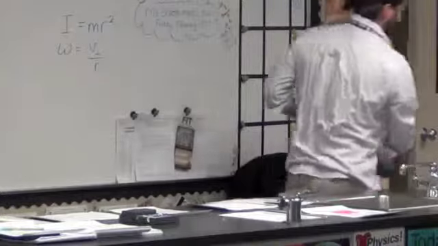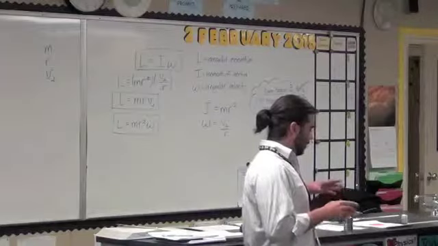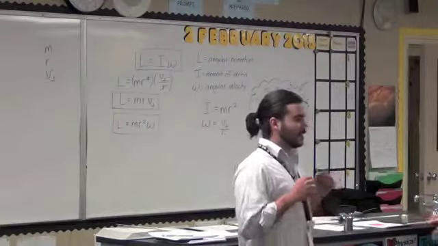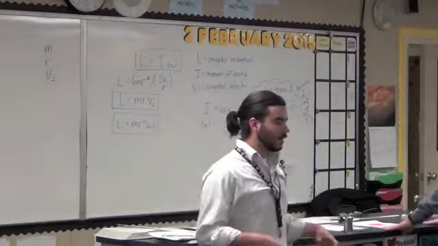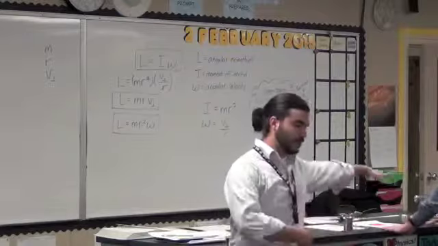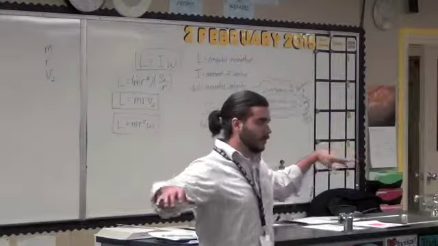I've got a couple of demonstrations that we can do here. So this is a turntable. It just spins. If we can get this going fast enough, you'll see that if he has his arms or legs out wide, getting a lot of his mass away from the center of mass, he'll rotate really slowly.